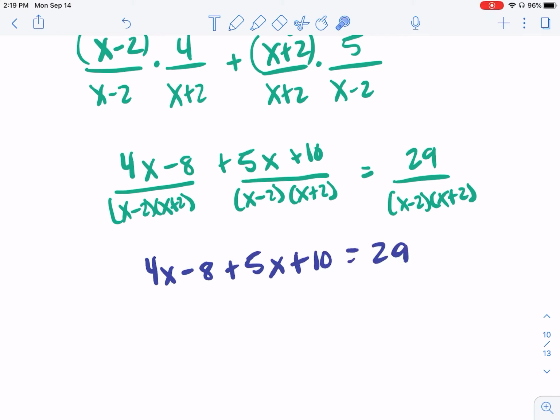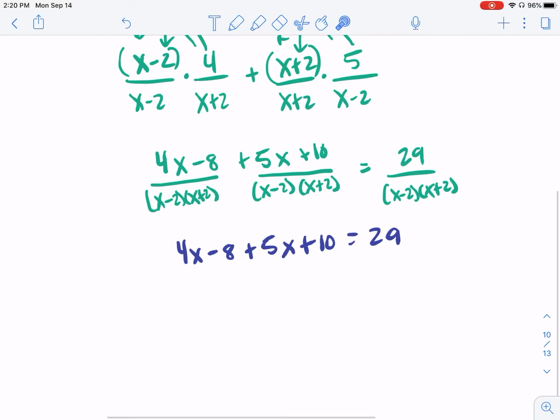So once again, because they had a common denominator all the way across, I can just deal with my numerator. As you look at other methods on solving rational equations, one of the most common is to multiply each fraction by a well-chosen one in order to make the denominators disappear because they will all have the same denominator. So this is a method that you'll see in other ones. You'll just see how it showed up in our problem here.